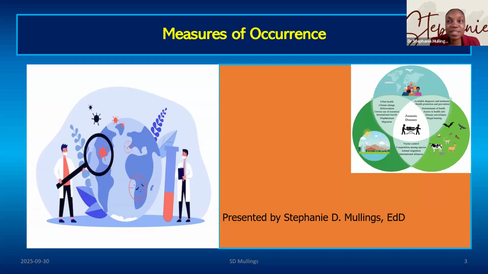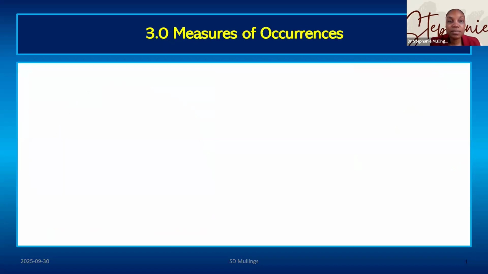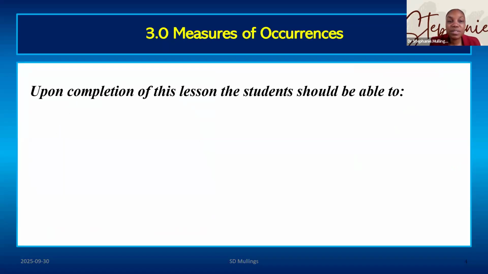How do we represent that statistically to make sense, to be able to make decisions? So the measures of occurrence really speaks to the mortality and morbidity rates that we would present to provide information to the public.